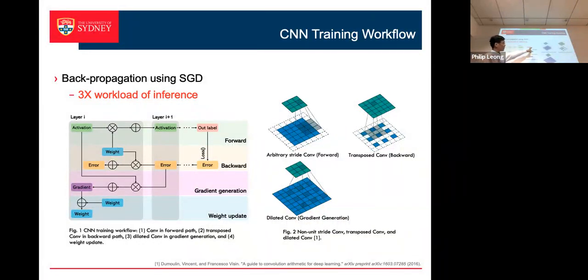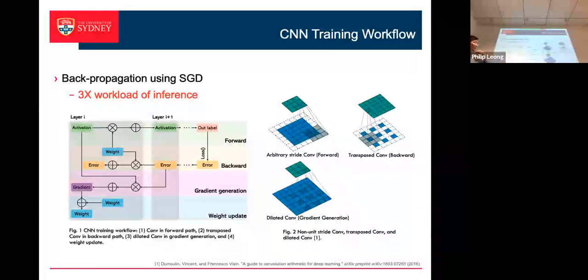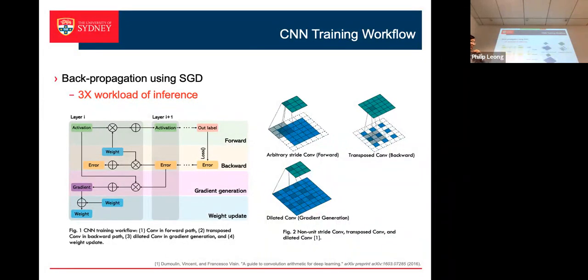The forward convolution, I think everybody's familiar with. When we do the backward pass to generate the gradients with respect to the activations, the operation is called a transpose convolution. And when we do the weight gradient, that's called a dilated convolution in general. And we implemented data paths to do all of these in HOS.